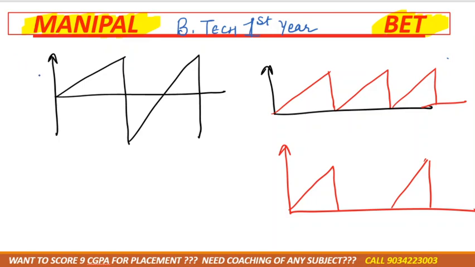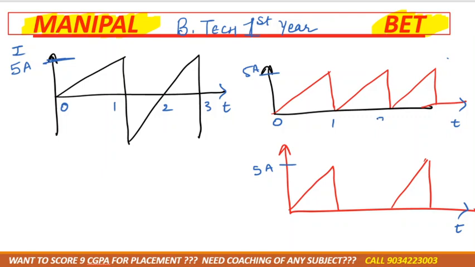In all of these I'm taking the same value of current. The current goes to a maximum of 5 amp, also 5 ampere. This is time, right? So it is 0, 1, 3, 0, 1, 3.